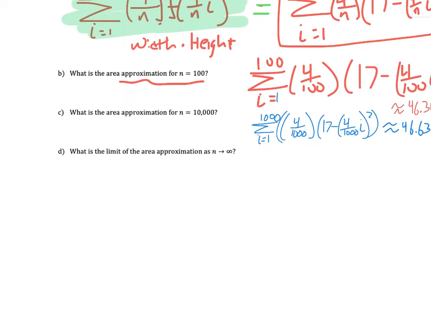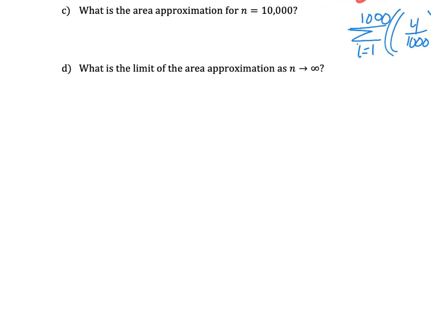Now, we want to know, well, what happens? What happens if n goes to a million, a billion, or n goes to infinity? Well, let's work that one out here. So we go back to our expression with n, i equals 1 to n, where n is the number of rectangles.